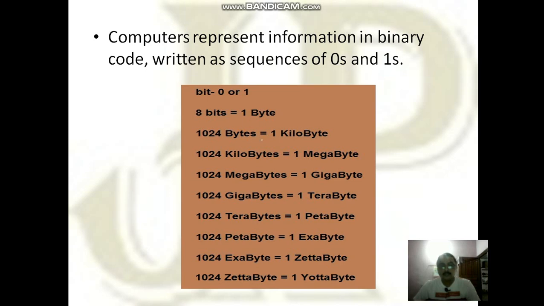1024 bytes is equivalent to 1 kilobyte or 1 KB. Again, 1024 kilobytes is equivalent to 1 megabyte. 1024 megabytes equivalent to 1 gigabyte, and so on towards TB, PB, exabyte, zettabyte or yottabyte.